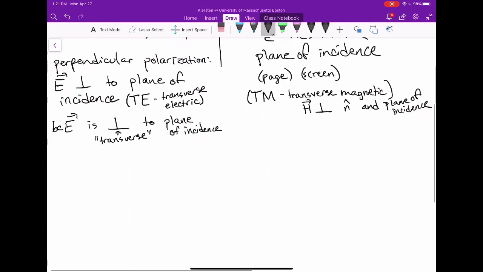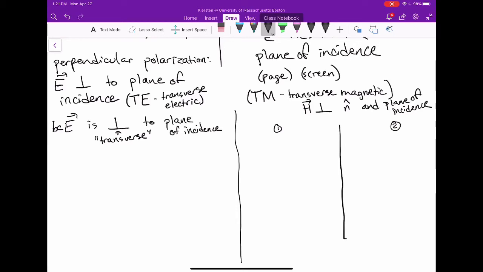So here's what we do. I'll draw the two problems first. If we have parallel polarization, here's our material interface, material 1, material 2. I'm going to have that be the z-axis.